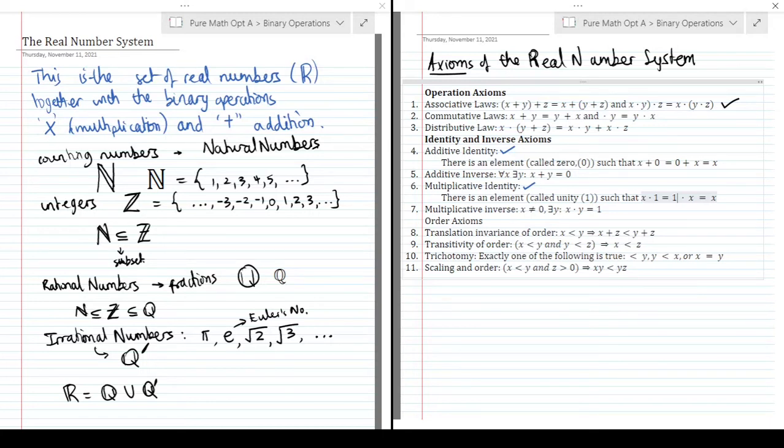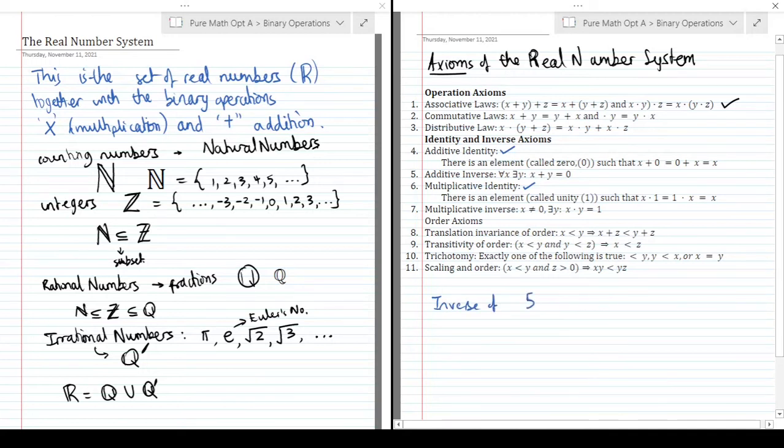So if I ask you, what is the inverse of, let's say, the real number 5, I have to state the operation: under addition.